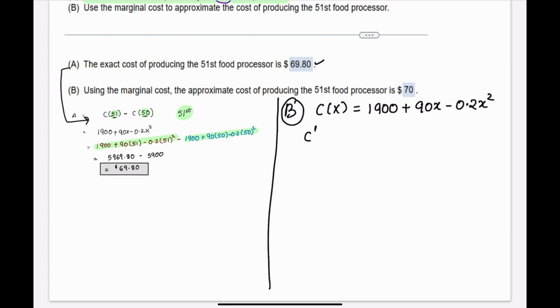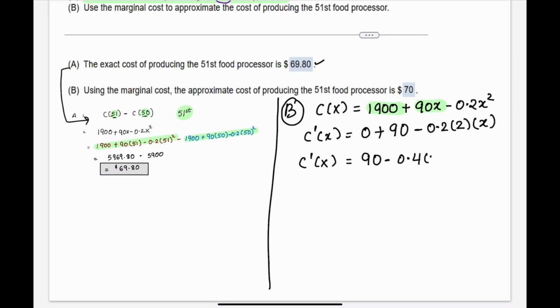The derivative of a constant is 0, plus the derivative of 90x is 90, minus the derivative of 0.2x squared. The 0.2 comes down, x squared is 2 times x to the 2 minus 1, which is x. So my marginal cost is 90 minus 0.4x. Once I have the marginal cost, remember the unit of the marginal cost is dollars per processor.